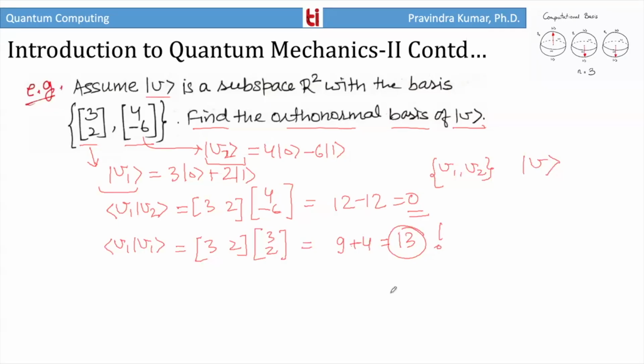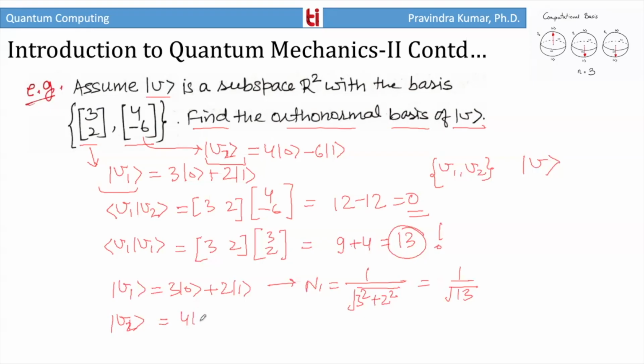So we have to normalize this. Suppose the first quantum basis V1 is 3 ket 0 plus 2 ket 1. The normalization constant for this, N1, is equal to 1 by under root 3 square plus 2 square. This is 1 by under root 13. And for V2, it is 4 ket 0 minus 6 ket 1.